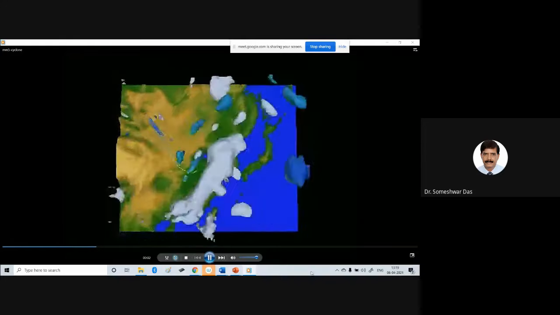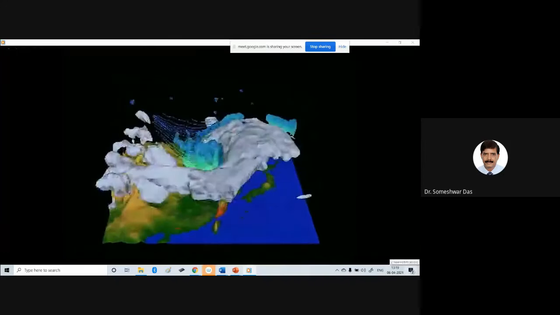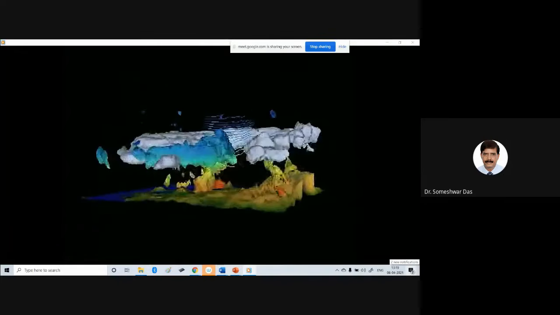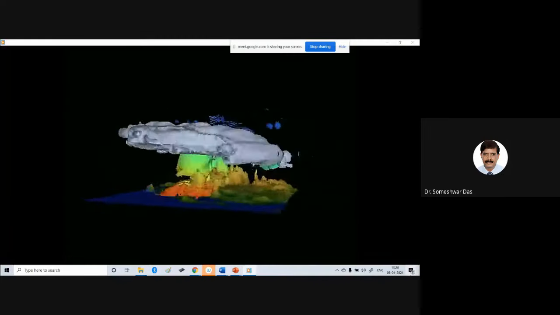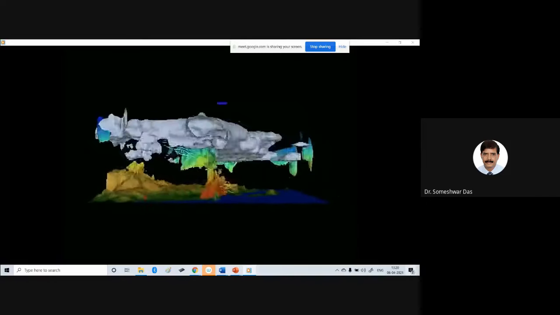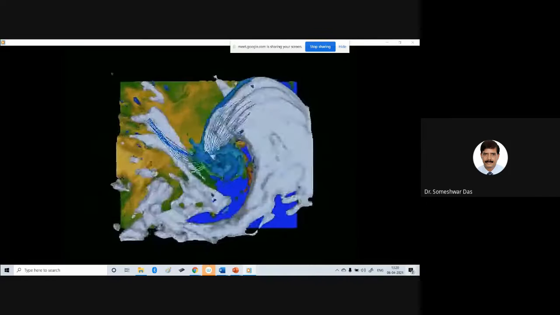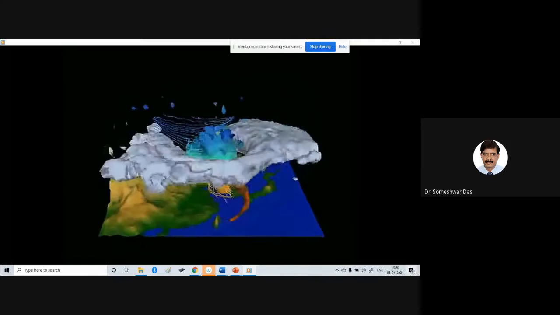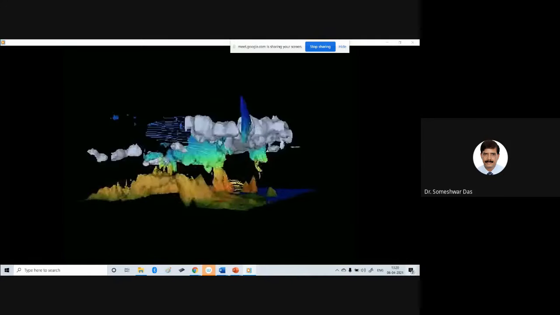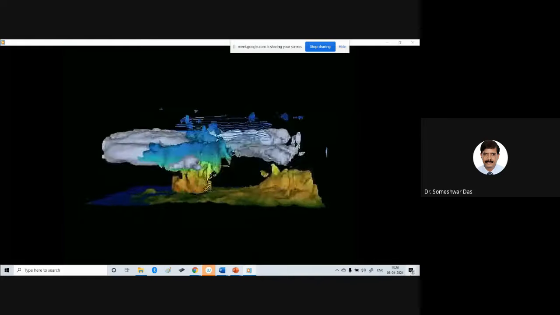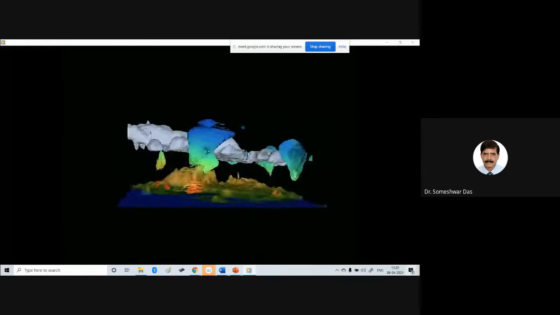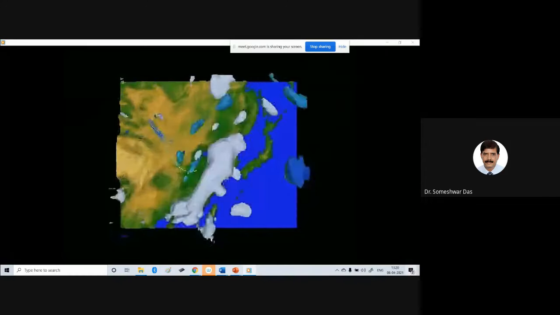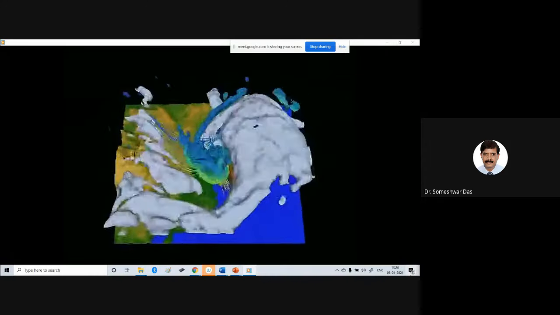What you are seeing here is the evolution of the cloud patterns during a typhoon. When a typhoon forms, how do the cloud patterns evolve, rotated from different angles. As you saw in the India case, you saw the vision from the west, north, east, and south. Similarly, this is rotated to see the simulated typhoon from different angles.